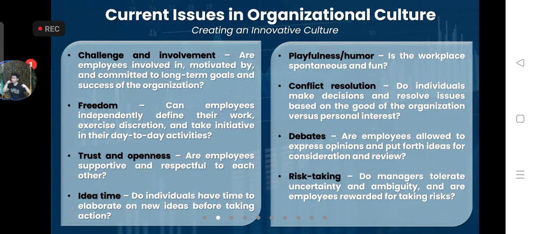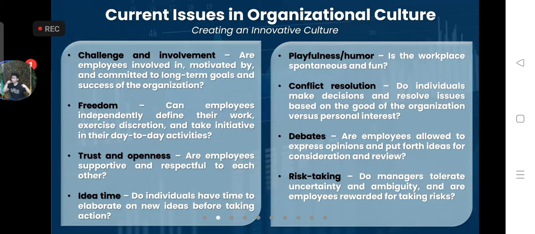And debates: are employees allowed to express opinions and put forth ideas for consideration and review? Finally, the last one on how to create an innovative culture is risk taking. Do managers tolerate uncertainty and ambiguity, and are employees rewarded for taking risks?